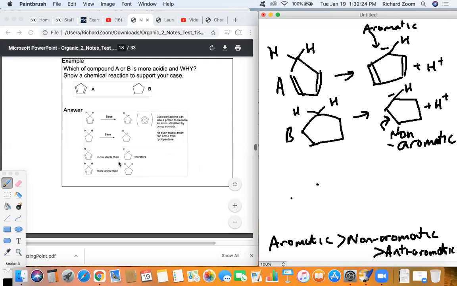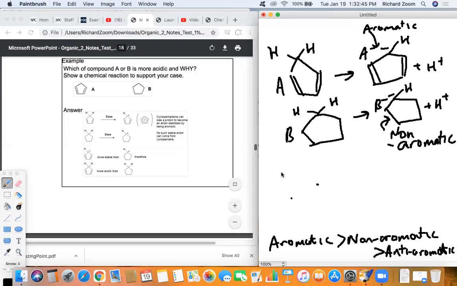Sorry, the more stable, most of the time that means it's more acidic, right? Well, the more stable the anion is, the more acidic the compound it came from is. Oh, okay, thank you. So if this is A, I could call this A minus. I'd call this B minus.